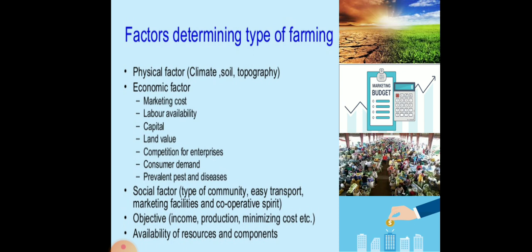Before you can integrate two disciplines of farming, you need first to compute the production and the projected income. That's why you need to conduct a feasibility study before establishing a certain integrated farm. And lastly, you need to consider the availability of your resources.